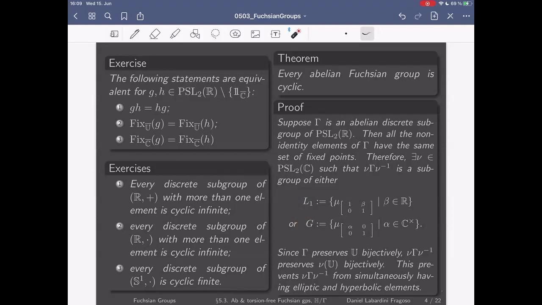Right, so we saw that abelian subgroups of PSL2C basically look like elements that are either of this form or this form.